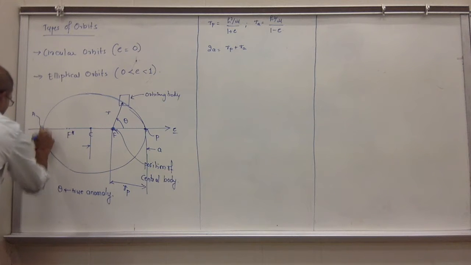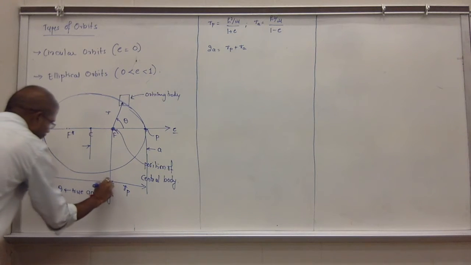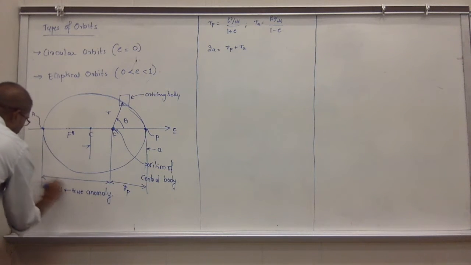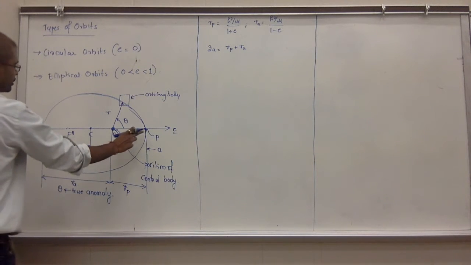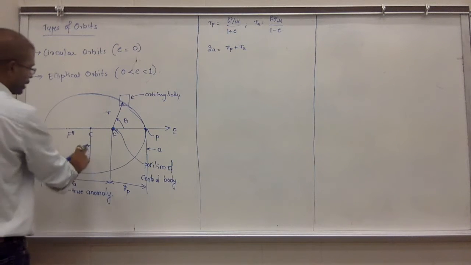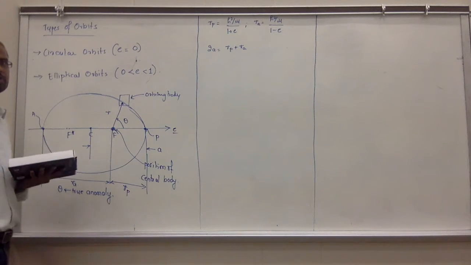This is RA. 2A is where? 2A is this whole thing. A is half of this, the semi-major axis.